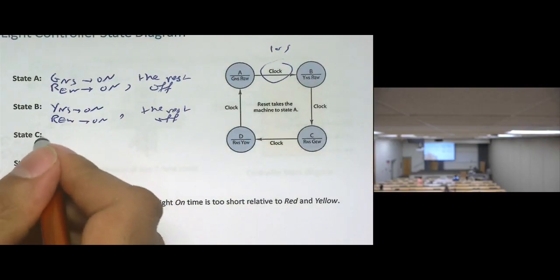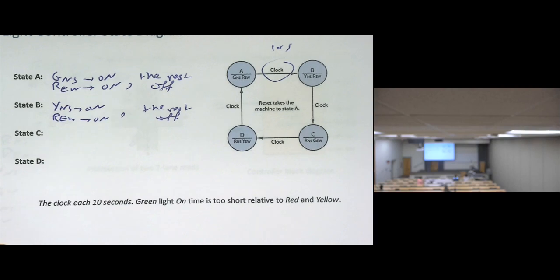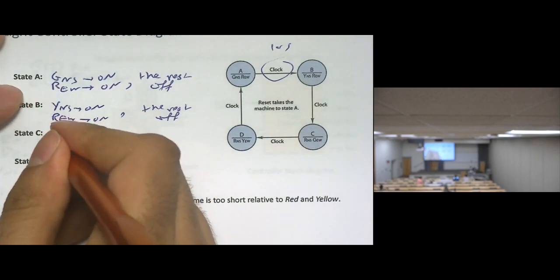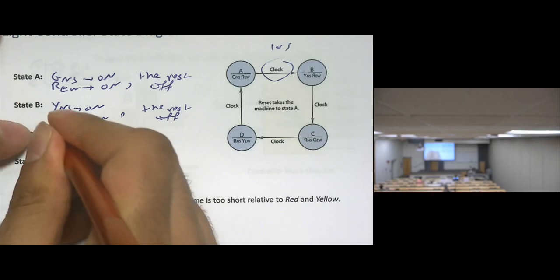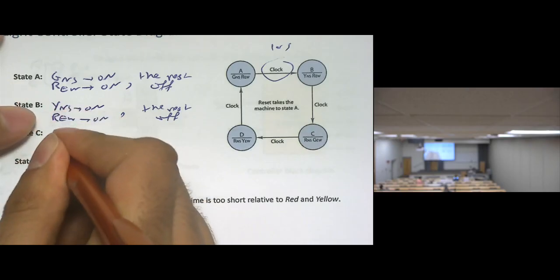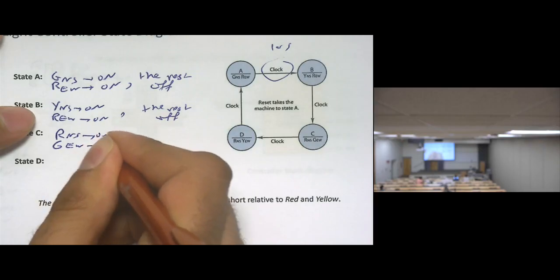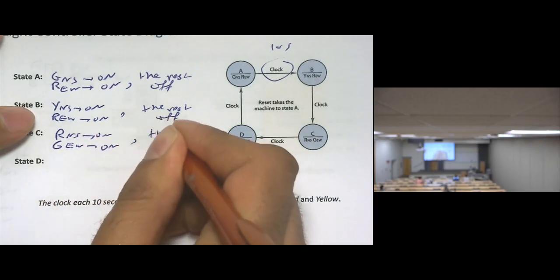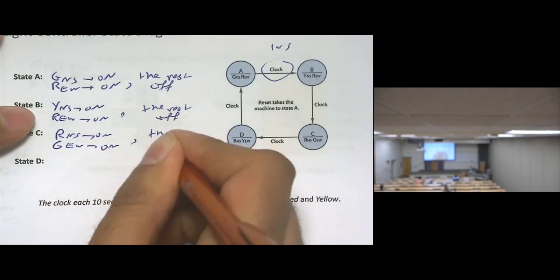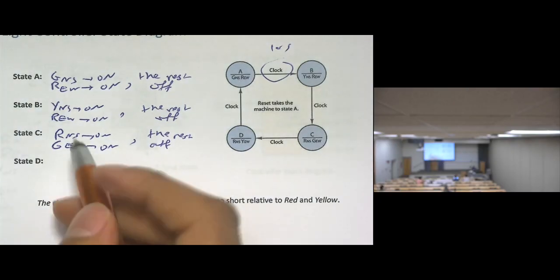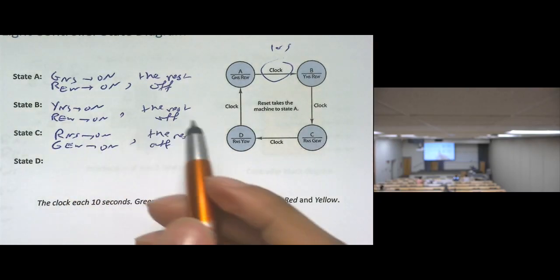After that, state C, the next state, is where north-south turns to red and east-west will be green, right? So here is on, here is on, then the rest are off. Now the other side is green, while the north-south side is red.